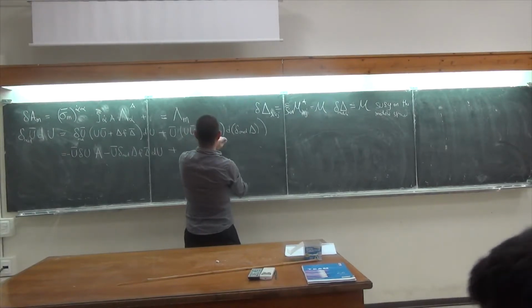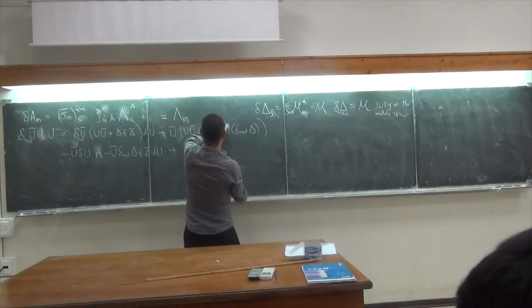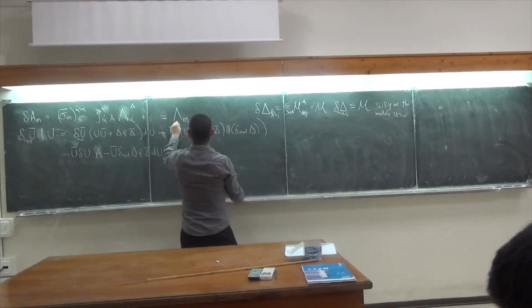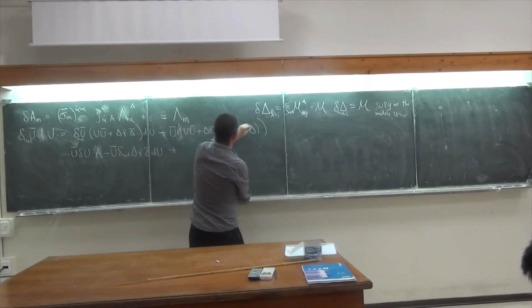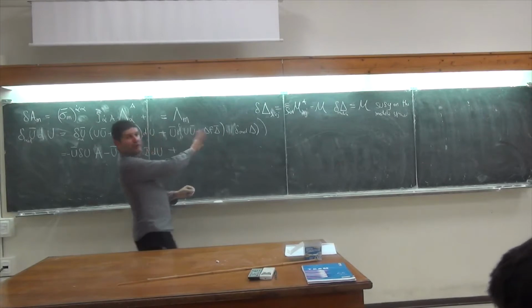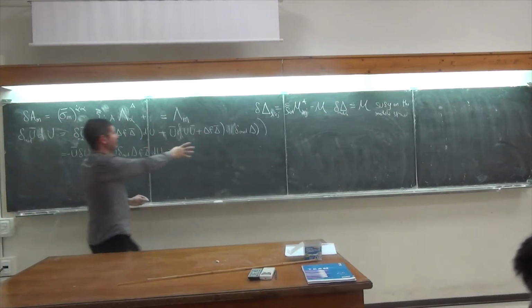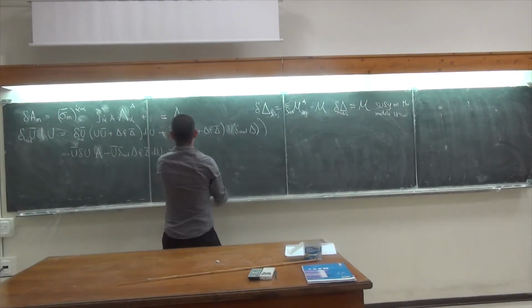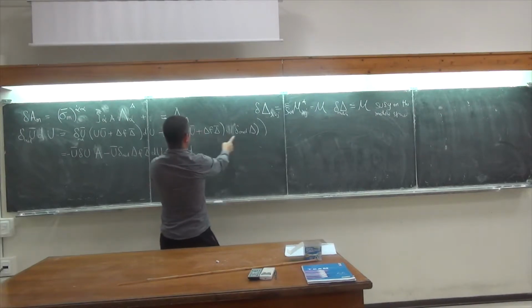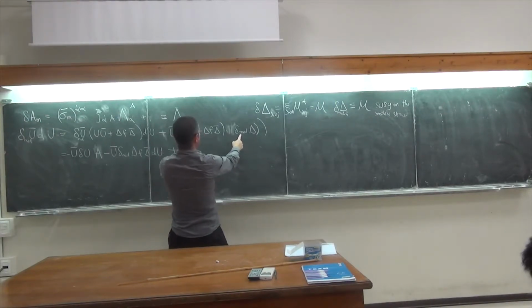Maybe I put this identity here. This identity I can put wherever I want, no? It's just an identity. Then here I have U bar, D, and here again I can move delta, I can move here.